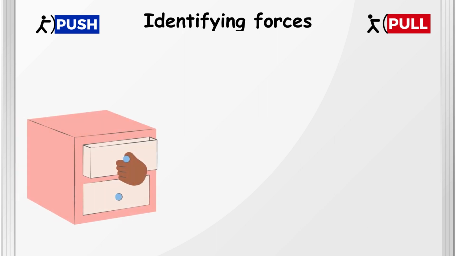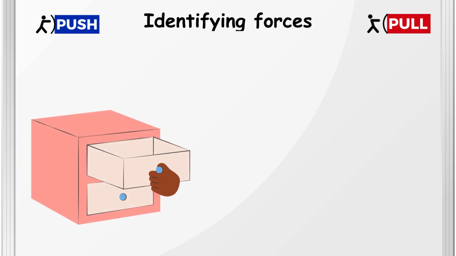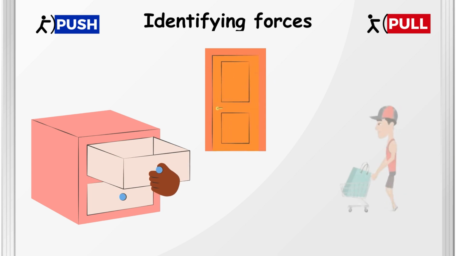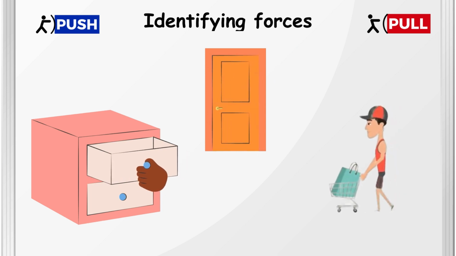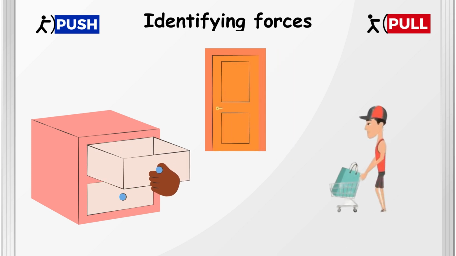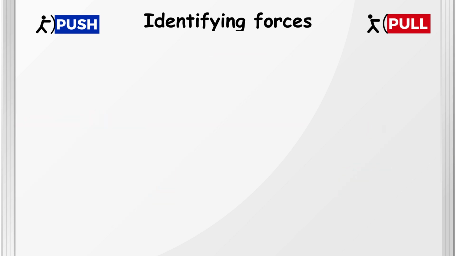Like opening a door, it requires pull action. Opening and shutting a door requires pull and push actions. Moving a loaded cart can require either push or pull actions or both, which gives examples of familiar situations involving the motion of objects.